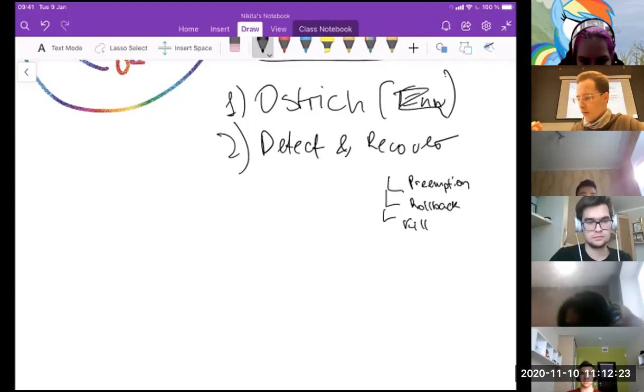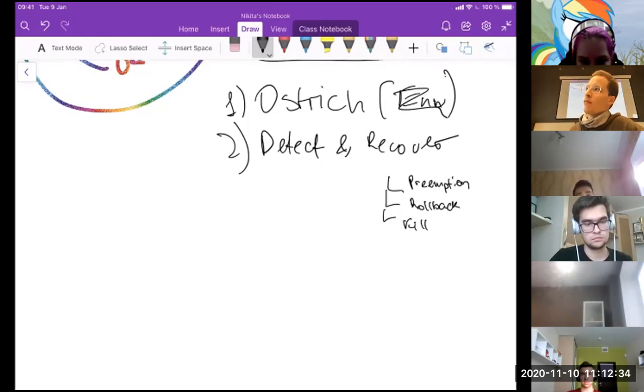For example, as with the printer, can you give me some other examples of resources that you can take from a process? RAM. Like you can force a process to sleep, swap it out of memory, and give this part of RAM to another process. You mean the physical RAM? Yeah. How can the RAM of the process be a resource for the deadlock?